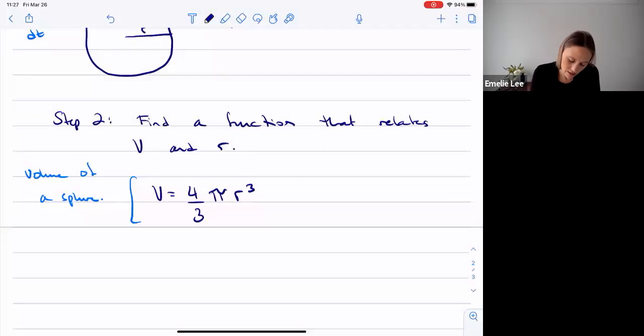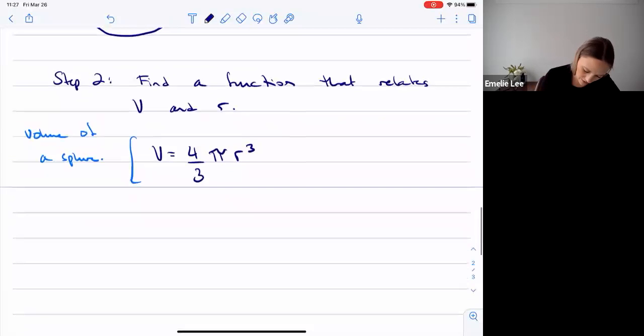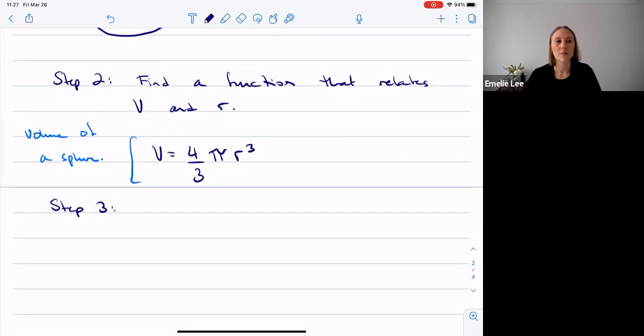So then, step 3, because I have dV dt, there's no getting around that, I want to differentiate with respect to time.